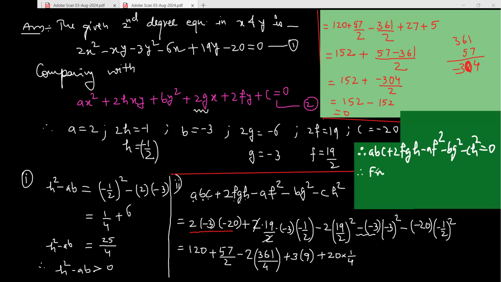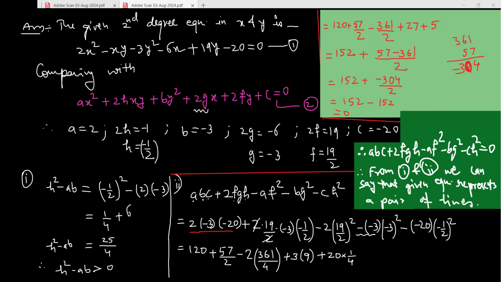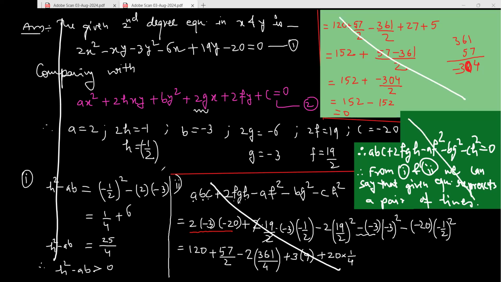Therefore, from 1 and 2, we can say that the given equation represents a pair of lines. So see, what's the flow of the solution? You have to write this, then this, then this, and then this. Come on, do it fast.